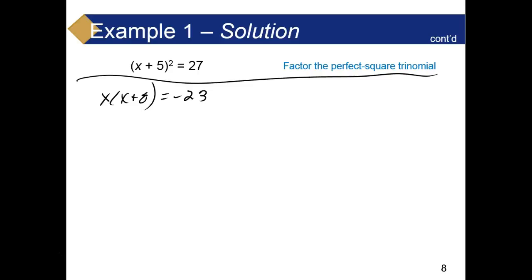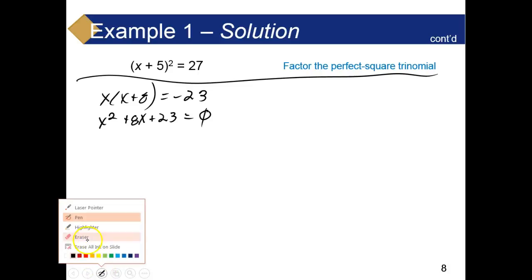Okay. x squared plus 8x. You want to go and add the 23? Plus 23 is equal to 0. And I did 2 steps at once there. Does everybody see how we did that? All right. Now, that was poor planning on my part. I should have left a big old gap there, okay?